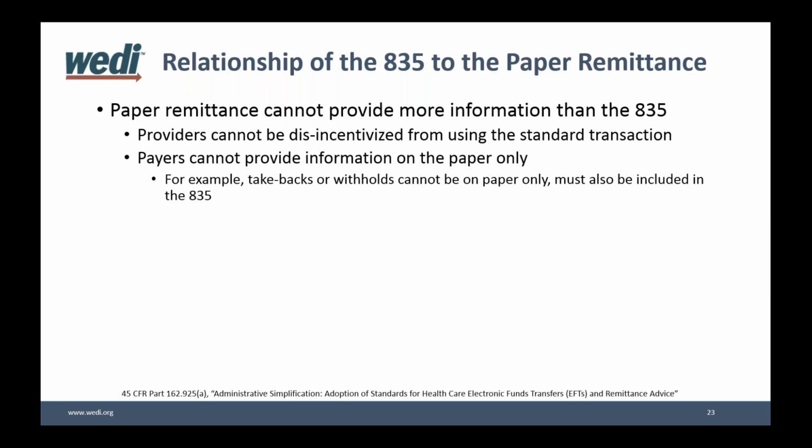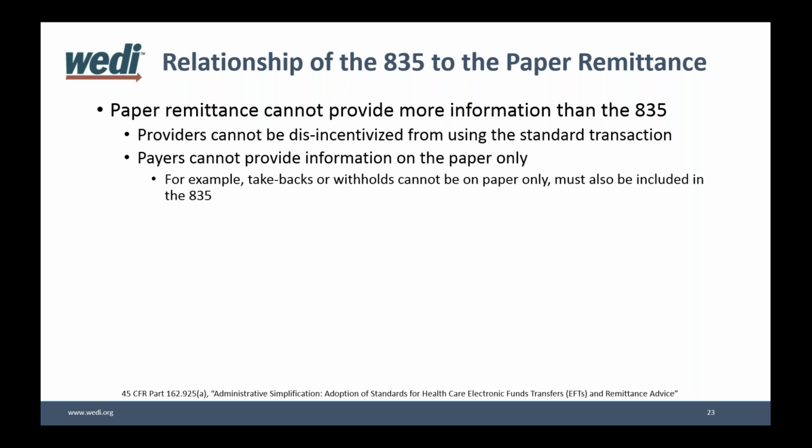One additional thing we wanted to touch on was the relationship of the 835 to the paper remittance advice. Many payers still continue to deliver a paper remittance advice, or maybe a PDF version on a portal, or a print image version. There is a requirement that the paper remittance cannot provide more information than the 835. The HIPAA rule specifically states that providers cannot be disincentivized from using the standard transaction.